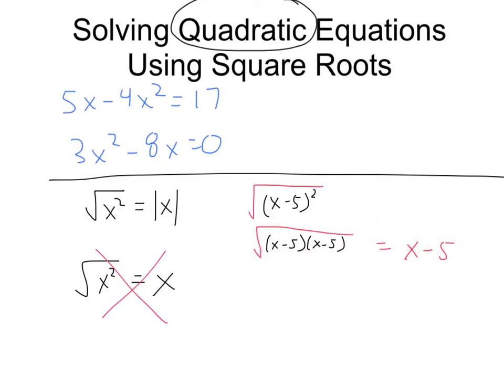Not if x is negative, but if this quantity x minus 5 is negative. So the moral of the story is that the square root of this is not equal to x minus 5, it's equal to the absolute value of x minus 5. Another quick example: if I had x plus 3 squared, and I took the square root of this, that would be equal to the absolute value of x plus 3.